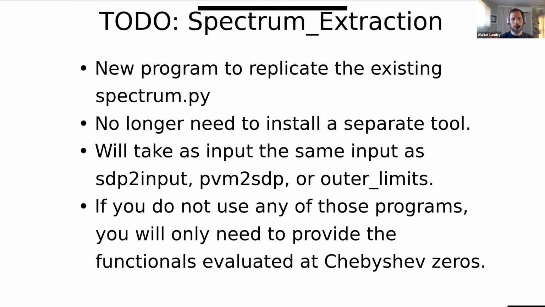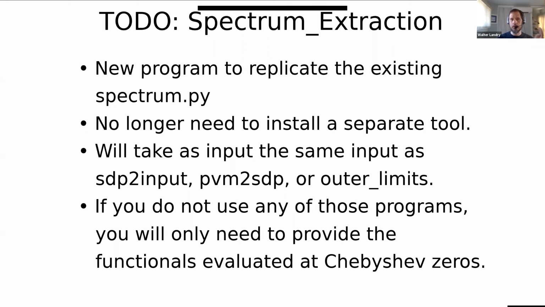One of the things I'm planning on doing very soon is making a new spectrum extraction tool. Right now we have this Python script, spectrum.py. This sort of works. It's kind of a pain to install, has different dependencies, and it only takes some inputs and not other inputs.